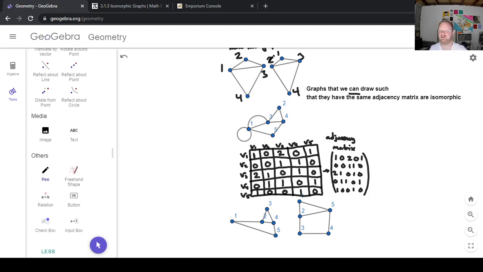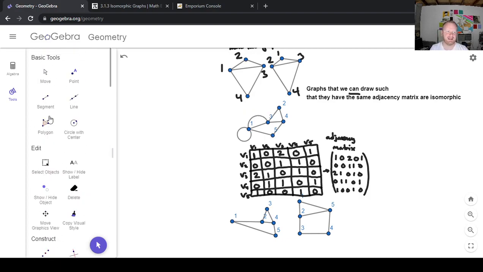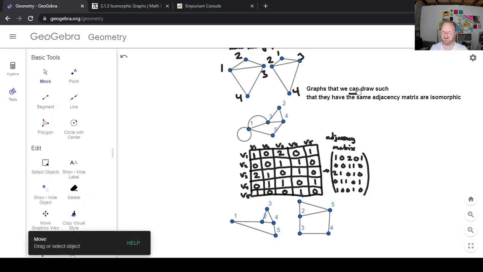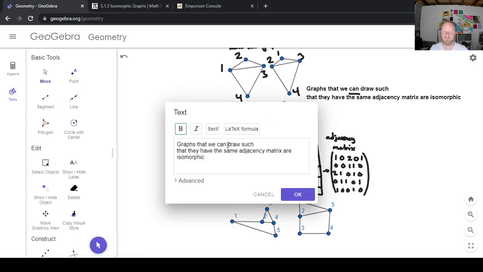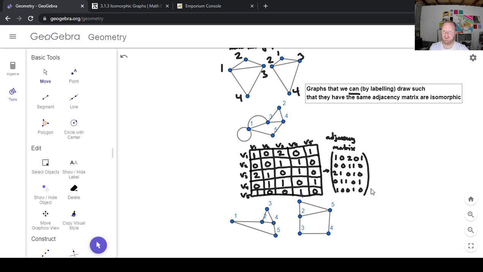So we can change the labels of these vertices such that they're isomorphic. All right. Okay, so that's how you make an adjacency matrix for a graph.